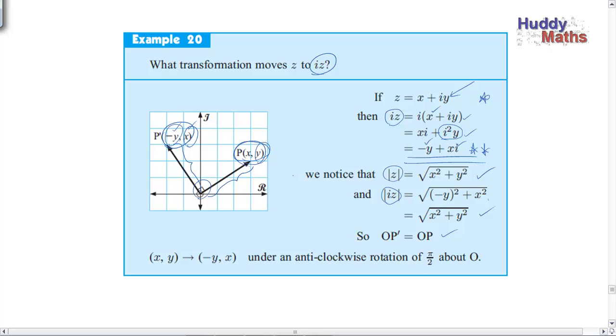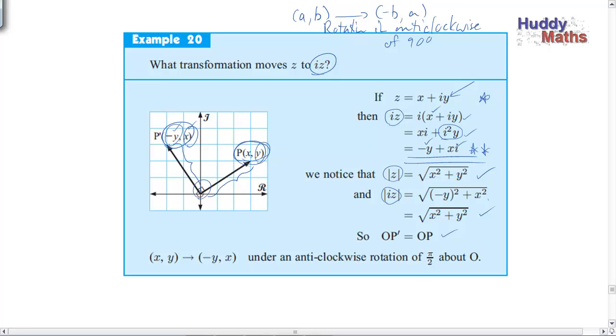So let's just do that up here. If you're on a plane and (a, b) goes to (negative b, a), whether it be circular functions on the Cartesian plane or not, this represents a rotation in the anti-clockwise direction of 90 degrees, or pi on 2. Okay, so the maths is still the same, isn't it?